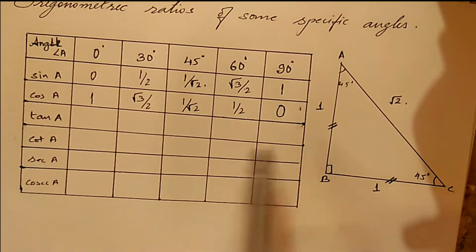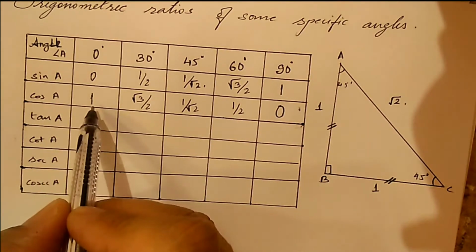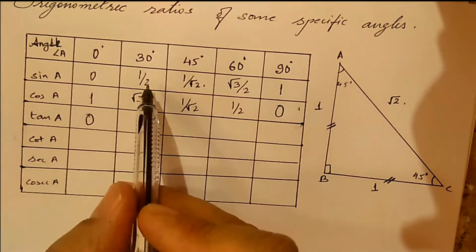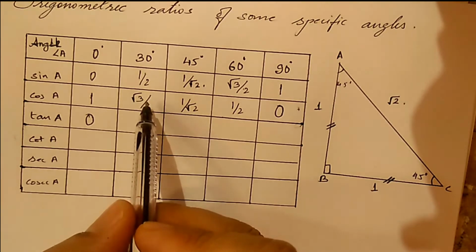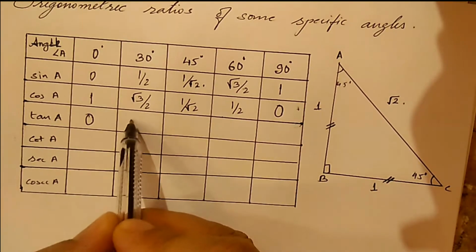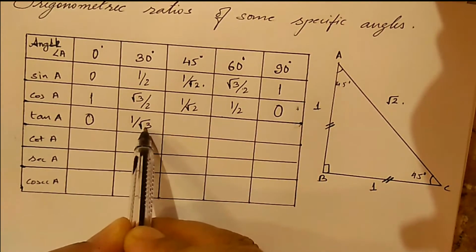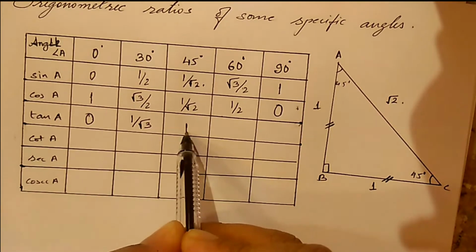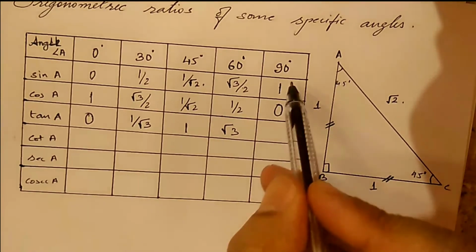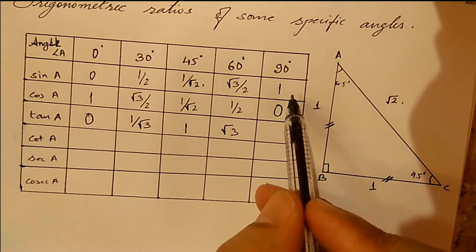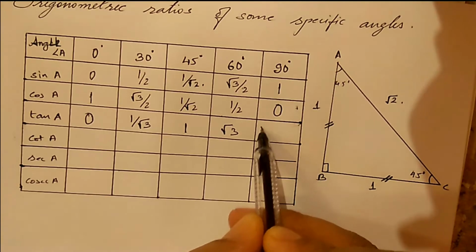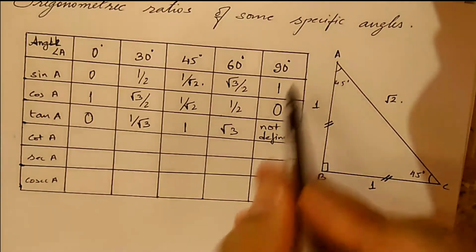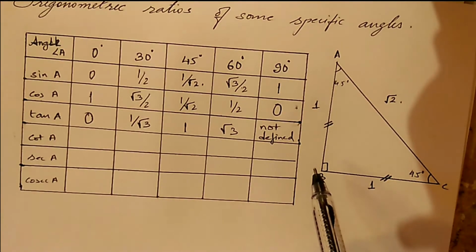So when I do so, what do I get? 0 divided by 1 will result in 0. 1 by 2 divided by root 3 by 2 will result in 1 by root 3. Similarly, this being same, we will get 1. Here we will get root 3. Now 1 is divided by 0. 1 divided by 0 is undefined or not defined. That means tan of 90 degree is not defined.